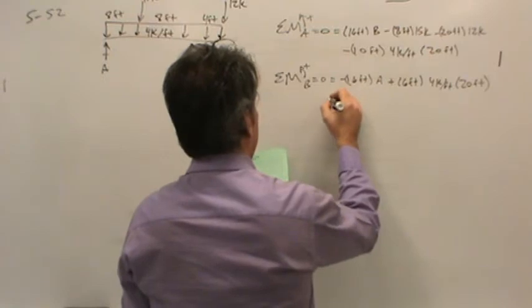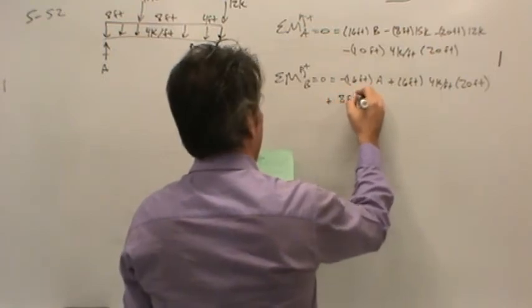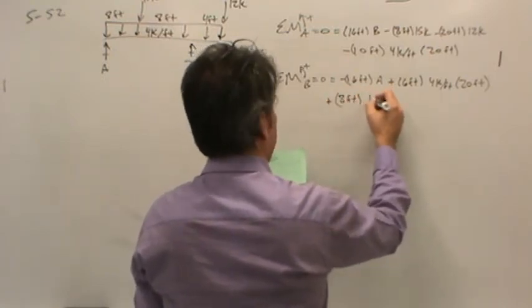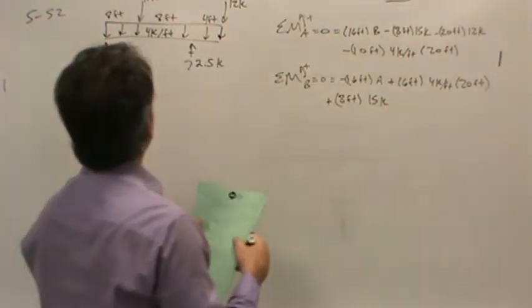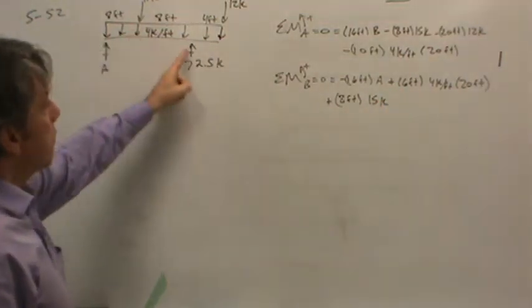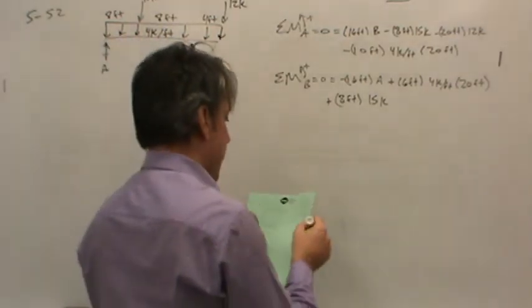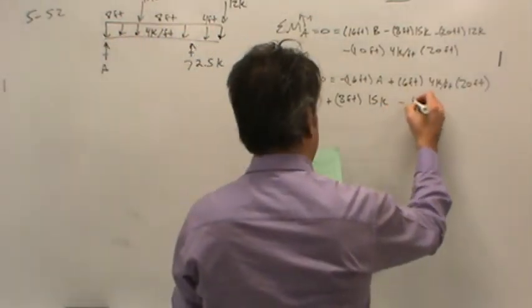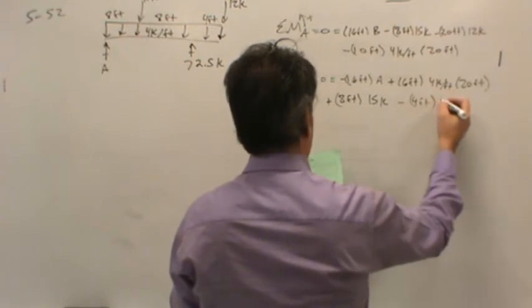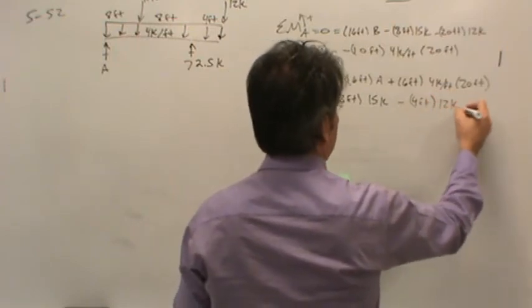Then we also have the 8-foot position of the 15 kip load. So that's right here, it's 8 feet away from B, and it of course causes a positive moment. Then finally, the 12 kip load acts 4 feet from B, and of course causes a negative moment.